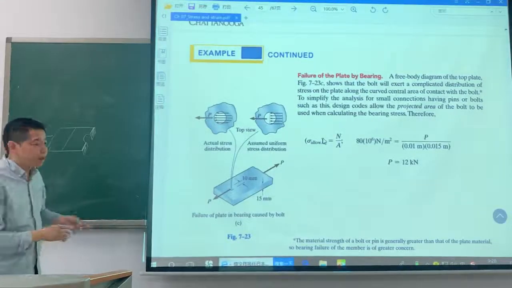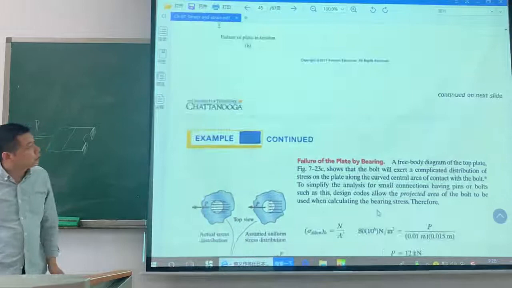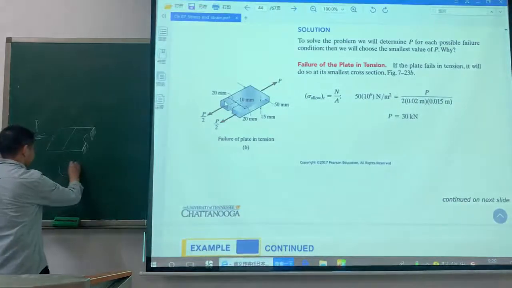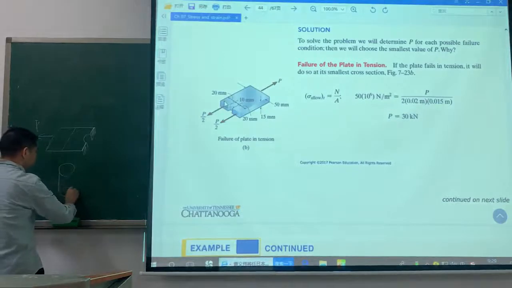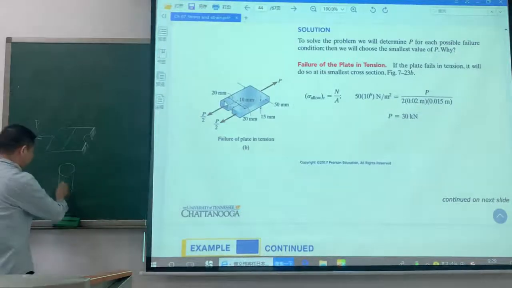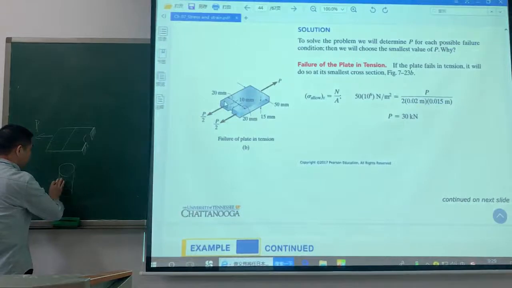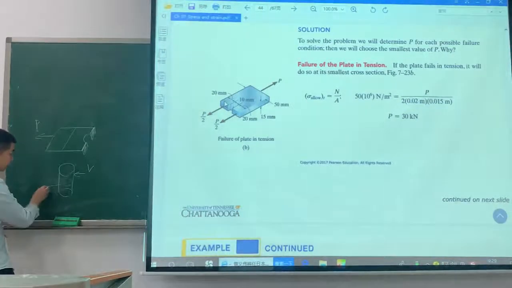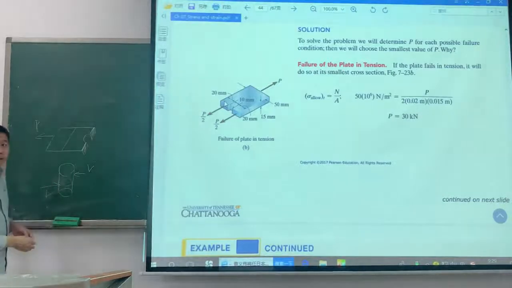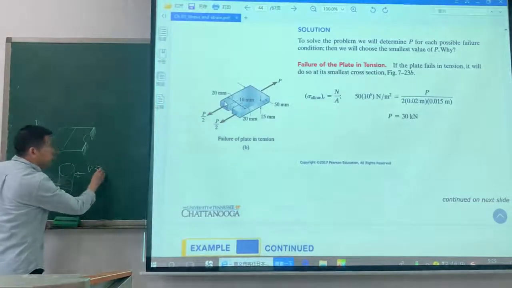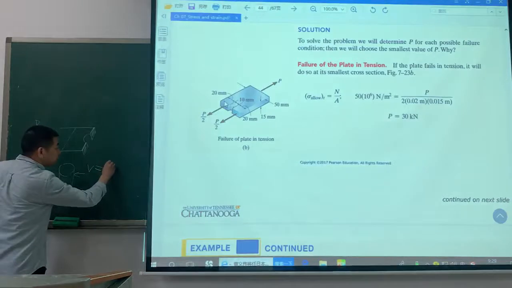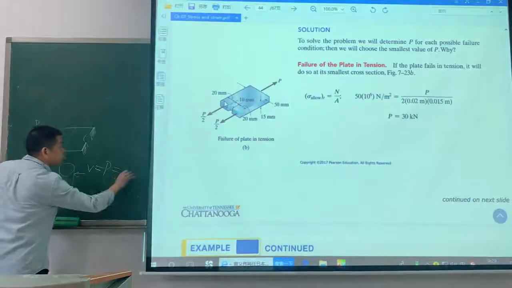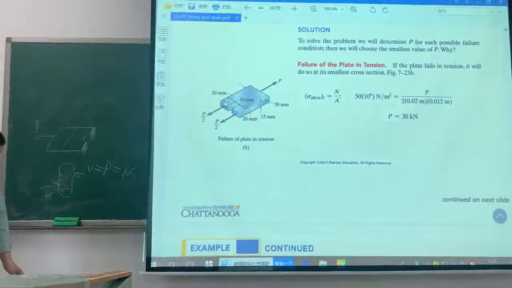Because V is, we know, because it is the bolt. Yes or not? V is P. Listen up, because V is P, which is N in the problem.